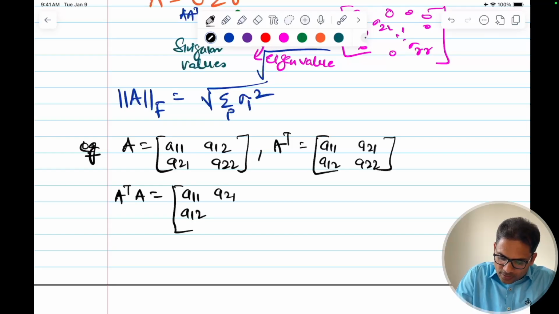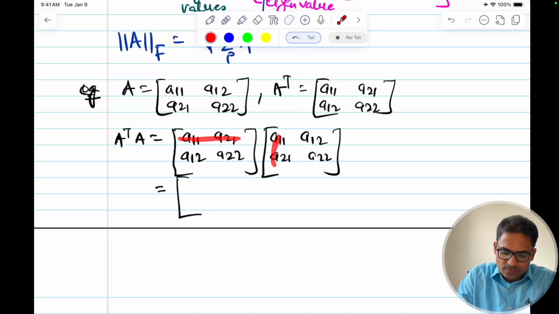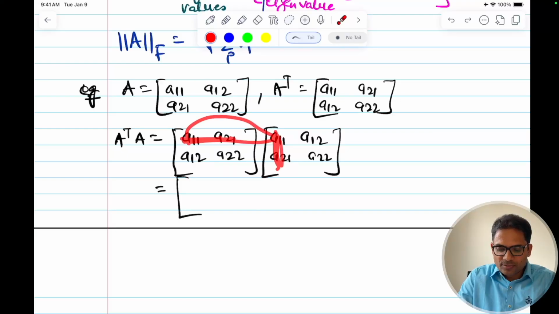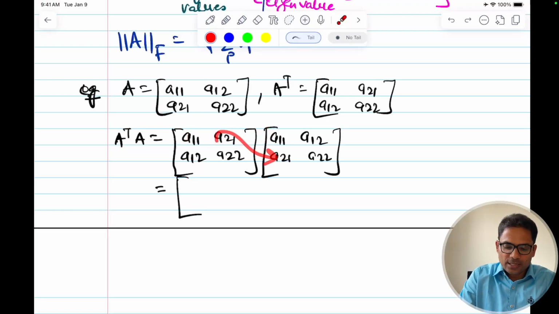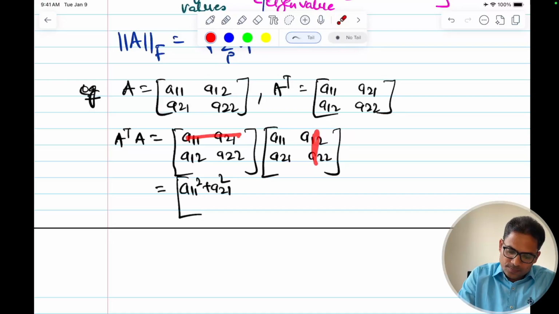We go row of the first into column of the second. So A11 into A11 plus A21 into A21, that is A11 square plus A21 square.